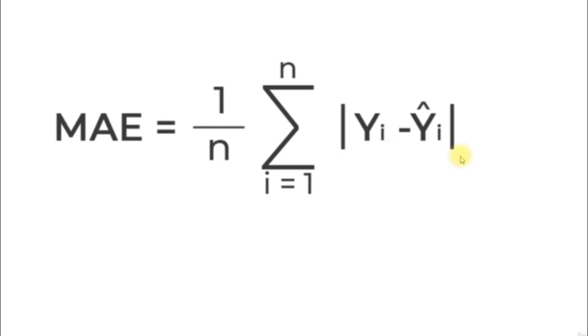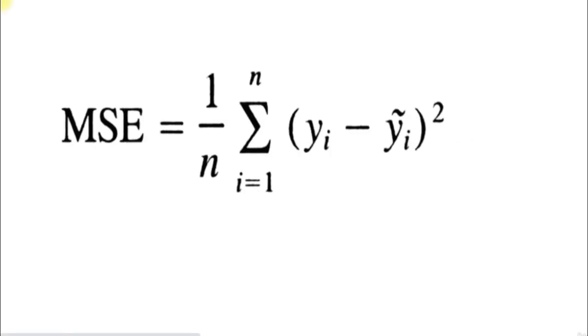So you subtract both of them, add all the rows, and then divide by the total number of observations. Here we use the absolute or mod value to avoid negatives. For example, if the model predicted 95 but the actual sale was 100, we'll get a negative value. That's why by taking the modulus of that value, it will convert it to a positive value. Basically the error will be clearly visible.